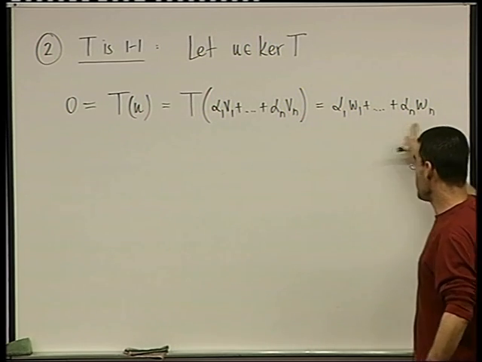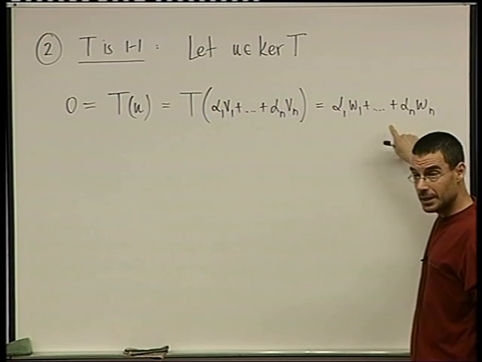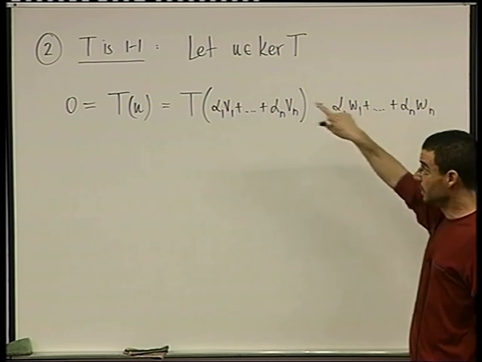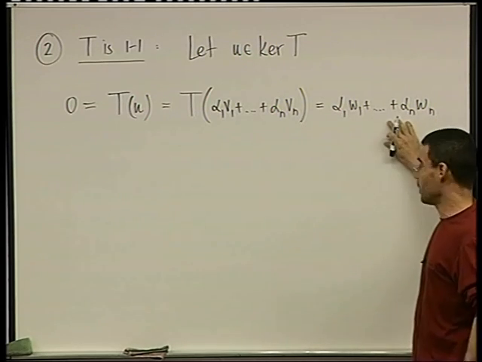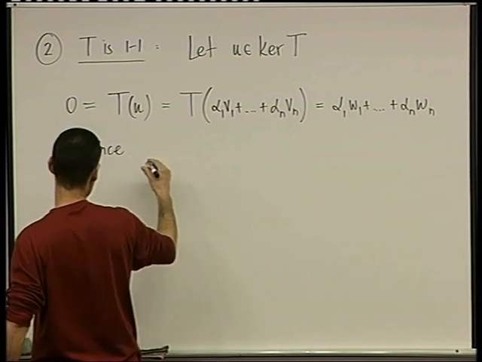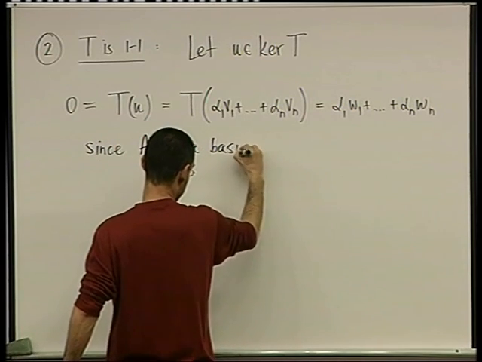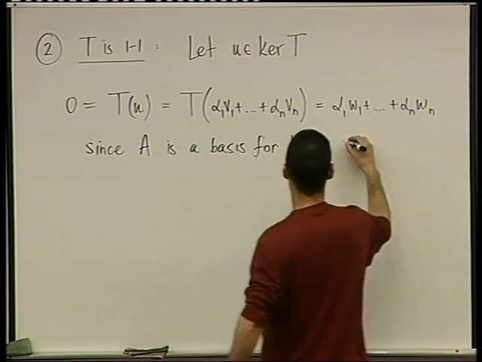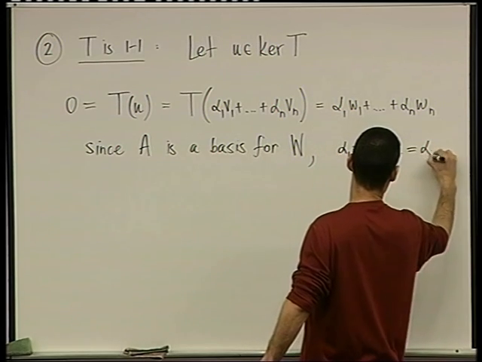We have a linear combination of the w's, which equals 0. But now we're assuming that these w's are a basis. That's the assumption of part 2. Okay? So if we have a linear combination that equals 0, what are all the alphas? 0. Right. So since A is a basis for W, A was w1 through wn, alpha 1 equals alpha 2 equals alpha n equals 0.